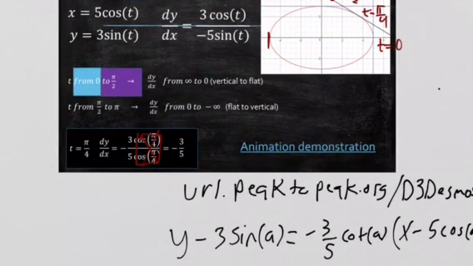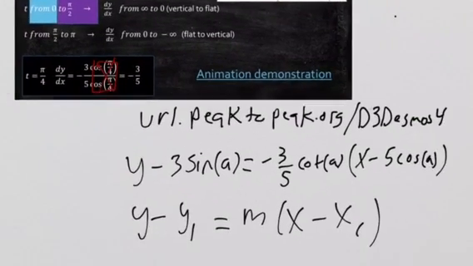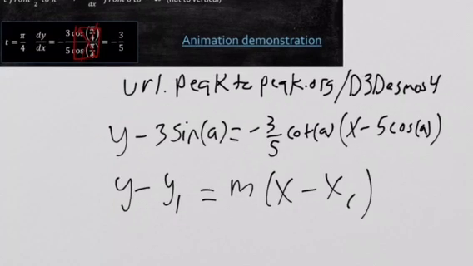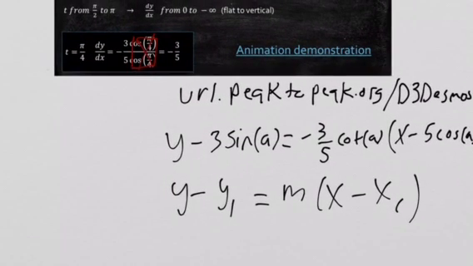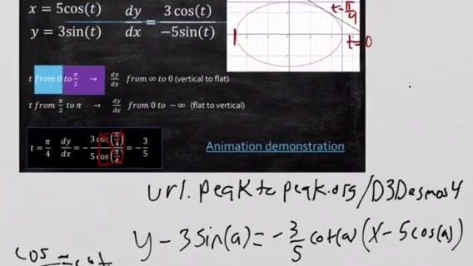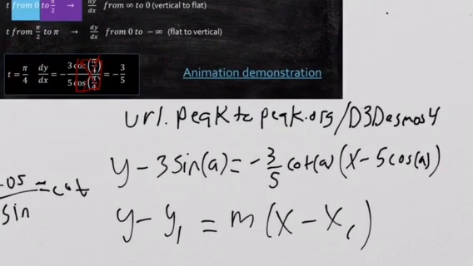Our slope is determined by dy/dx. So you can recall that cosine over sine is just equal to cotangent. So we can just write negative 3/5 cosine over sine as negative 3/5 cotangent.